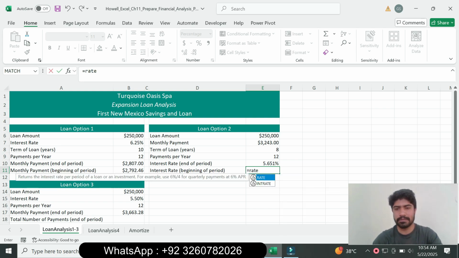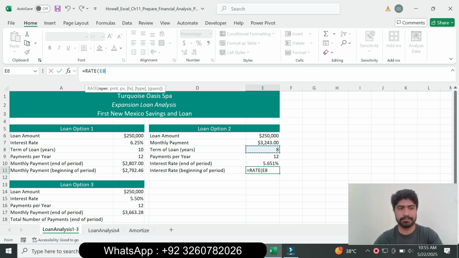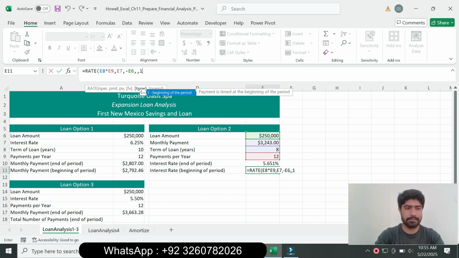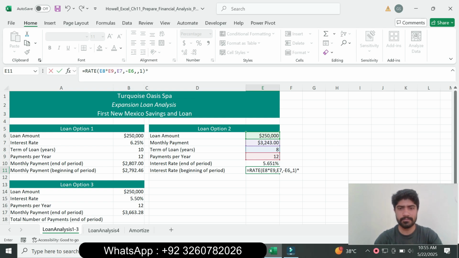Next is E8 multiplied by E9 and E7, type a comma, minus E6, type the comma and type 1.